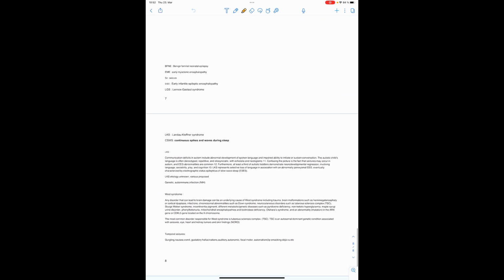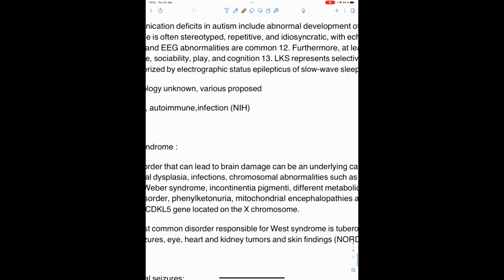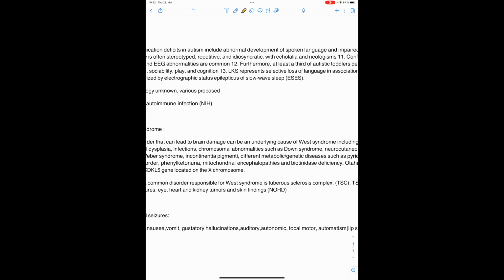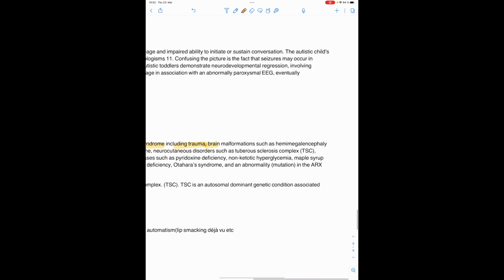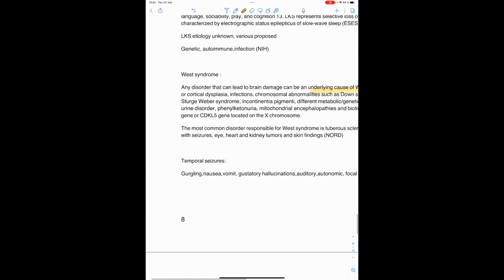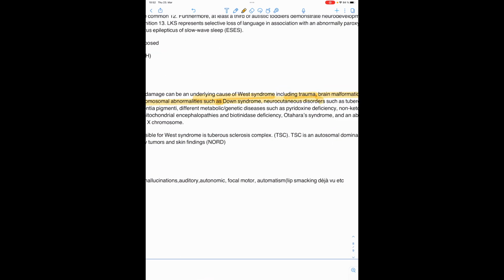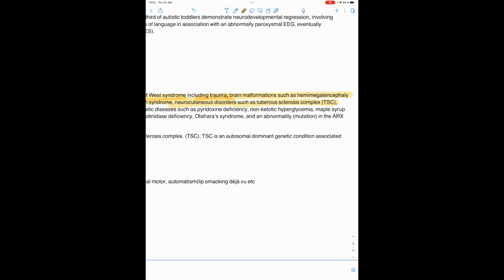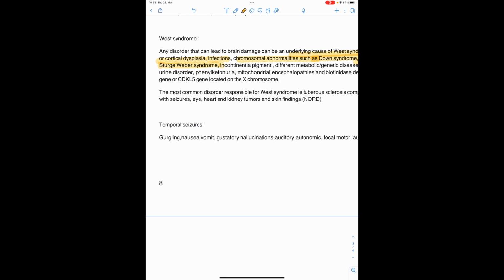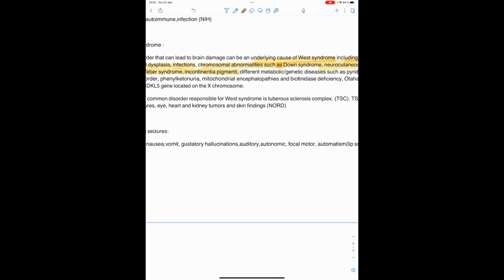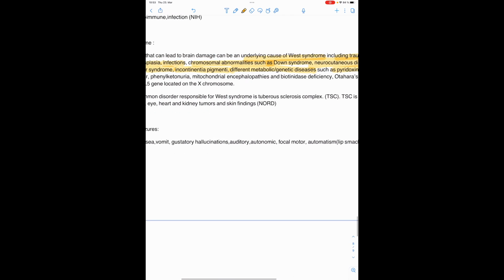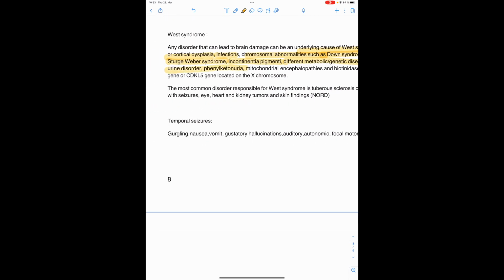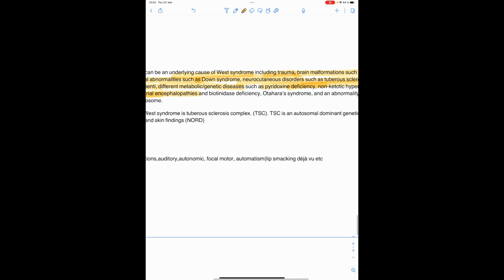Some important things I have written below also: with West syndrome, any disorder that can lead to brain damage can be an underlying cause of West syndrome, including trauma, brain malformation such as hemimegalencephaly or cortical dysplasia, infection, chromosomal abnormalities such as Down syndrome, neurocutaneous disorders such as tuberous sclerosis complex, Sturge-Weber syndrome, incontinentia pigmenti, different metabolic genetic diseases such as pyridoxine deficiency, non-ketotic hyperglycinemia, maple syrup urine disease, phenylketonuria, mitochondrial encephalopathies, and biotinidase deficiency.